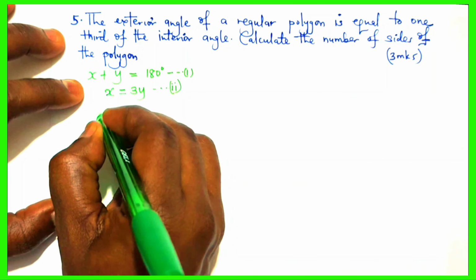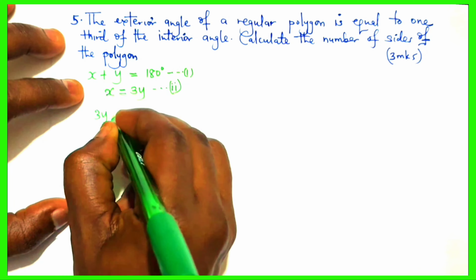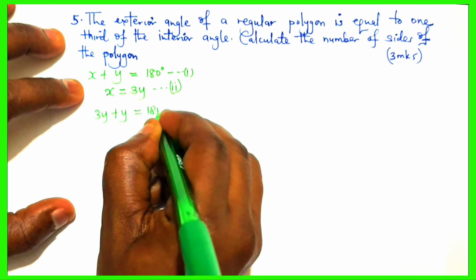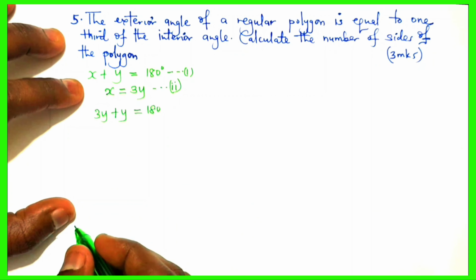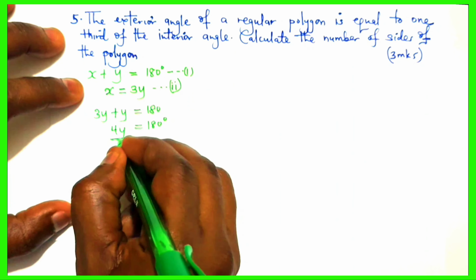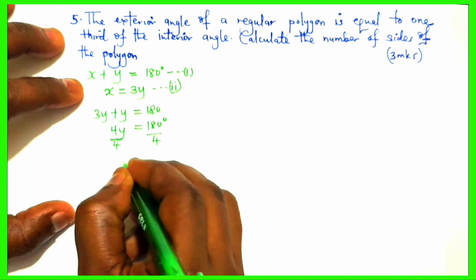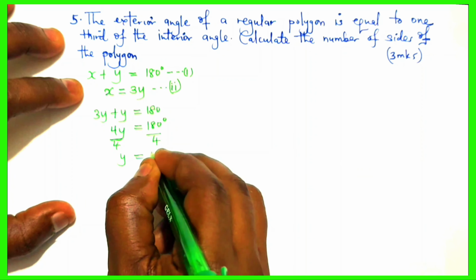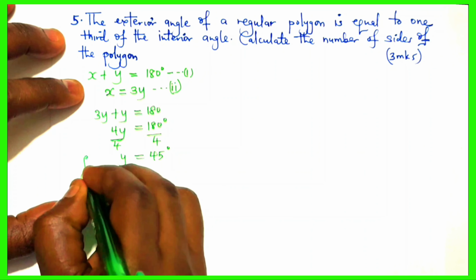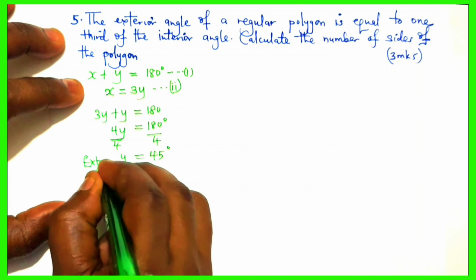So I'll be in a position to say that 3y plus y is equal to 180 degrees. And therefore, when you add, you're going to have here 4y to be equal to 180 degrees. And then when you divide both sides by 4, you're going to get the value of y to be equal to 45 degrees. And this is the exterior angle.